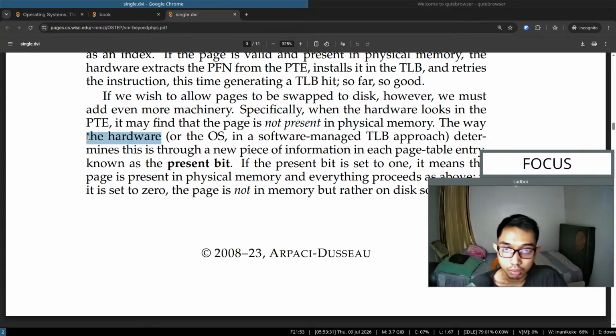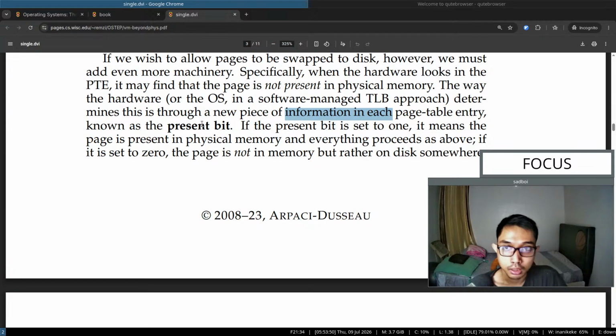The way the hardware, or the operating system in a software managed translation lookaside buffer approach, determines this is through a new piece of information in its page table entry known as the present bit.